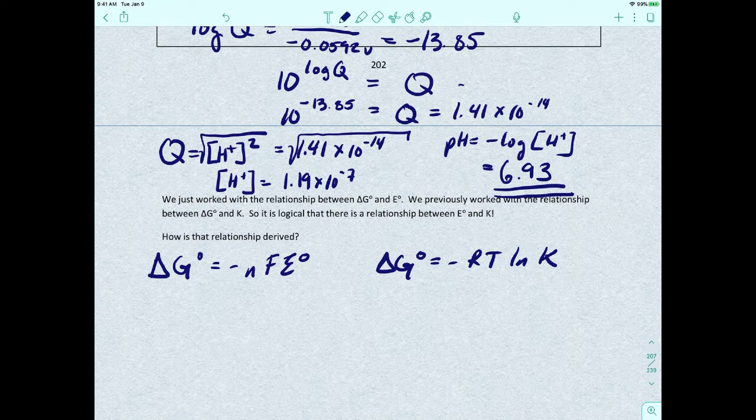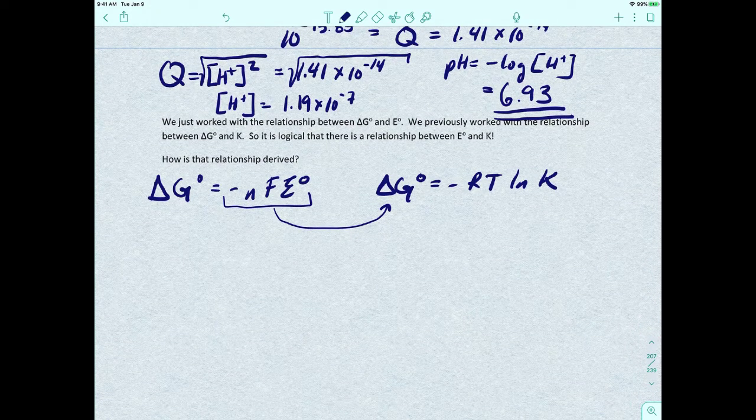If I go into this second equation and replace delta G at standard state with negative NFE, I'm going to pop that in. So negative N times F times E at standard state is equal to negative RT natural log K. Now, what I want to do is solve for the cell potential at standard state.